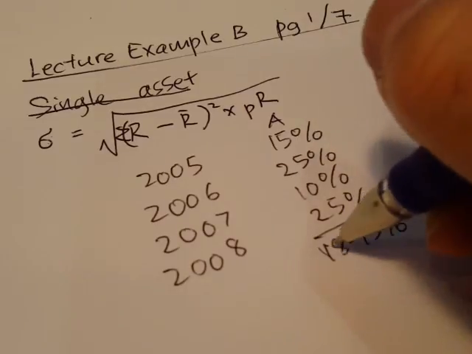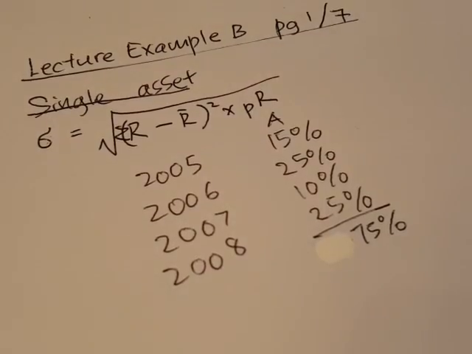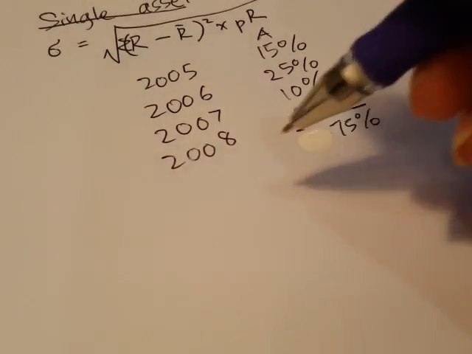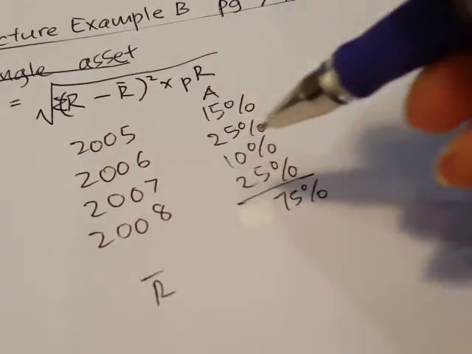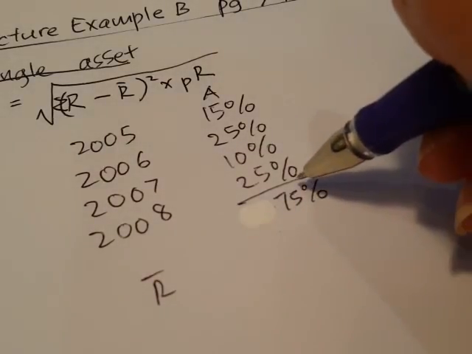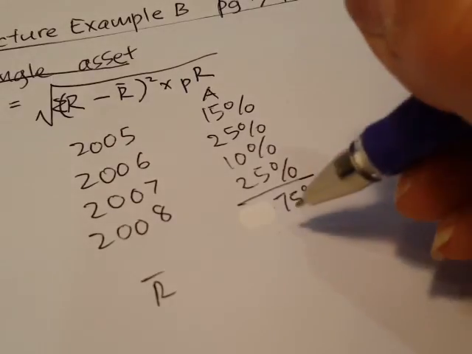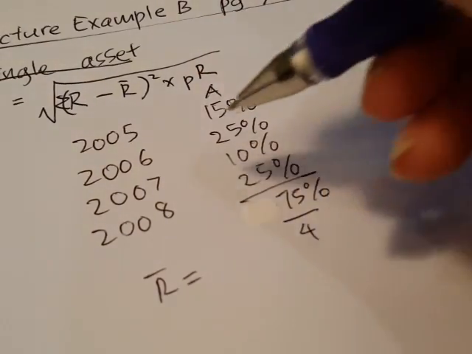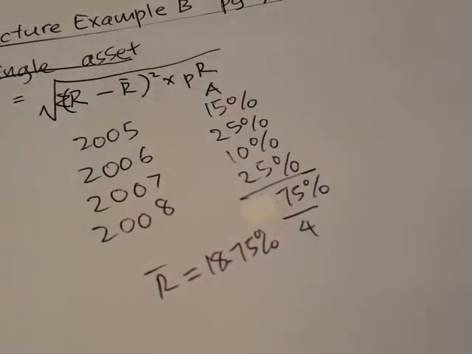You need to find what is the average return. Average return is this whole thing divided by 4 years. So over 4, your average return will be 18.75%.